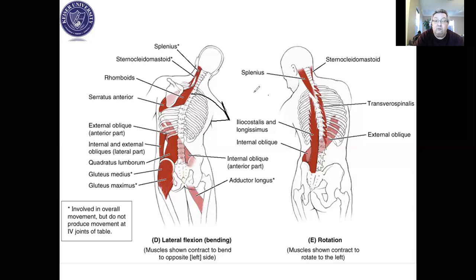And in order to rotate to the left, the right external oblique contracts. Because remember, the external oblique rotates to the contralateral side. So again, in order to turn or rotate to the left, the left internal oblique muscle will contract, and the right external oblique muscle will contract in order to perform that left rotation.